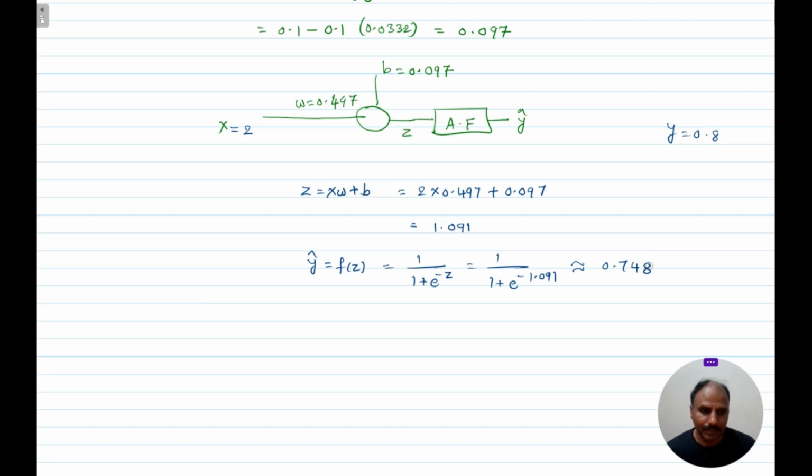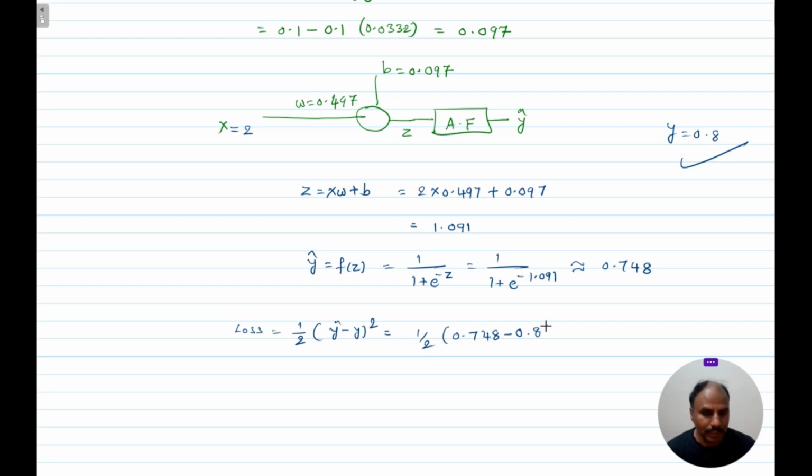So now we need to find the loss function. Loss is half into (y cap minus y) whole square. It is half into (0.748 minus the actual, the expected output).